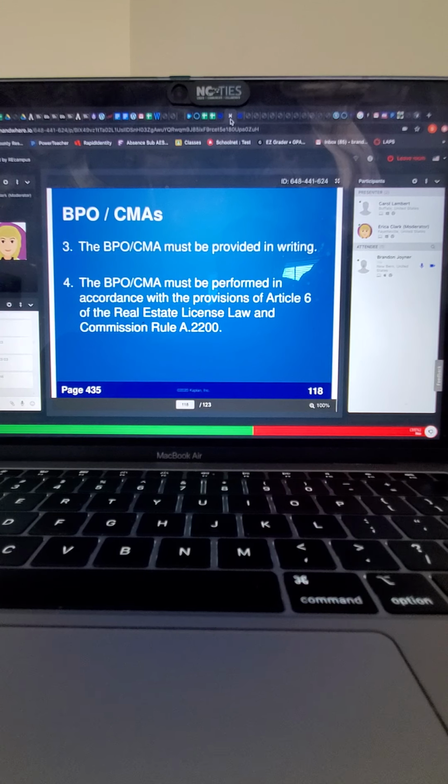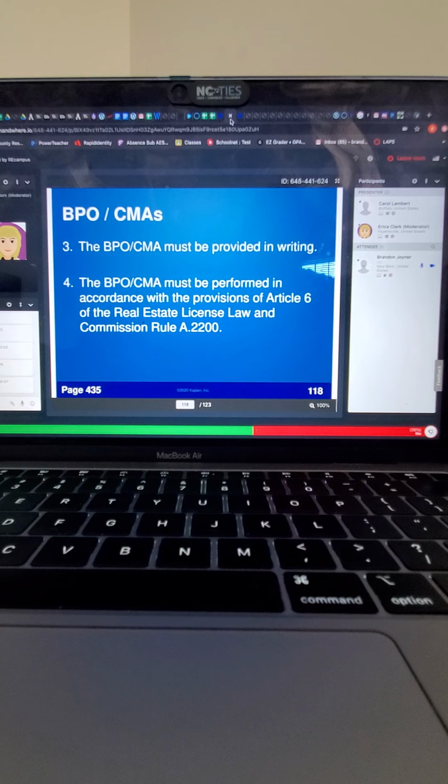They may ask you to do it because typically they pay about $100 for a BPO, maybe $500 for an appraisal. So they'll try to slip it by and get you to do it, but don't, because if you do, you're violating license law and you are violating the appraisal licensing board as well. Okay.